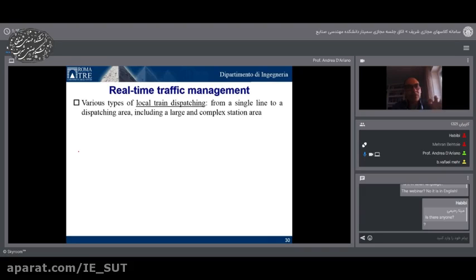So here the problem is to optimize the decisions that have to be taken by this human locally in a small piece of the network. And of course you need to optimize this small piece in coordination with the neighboring local areas.